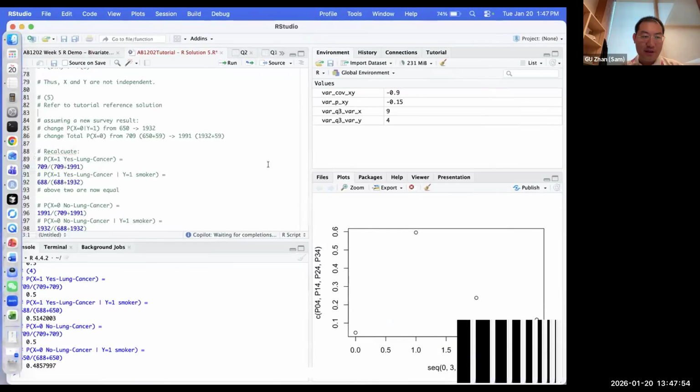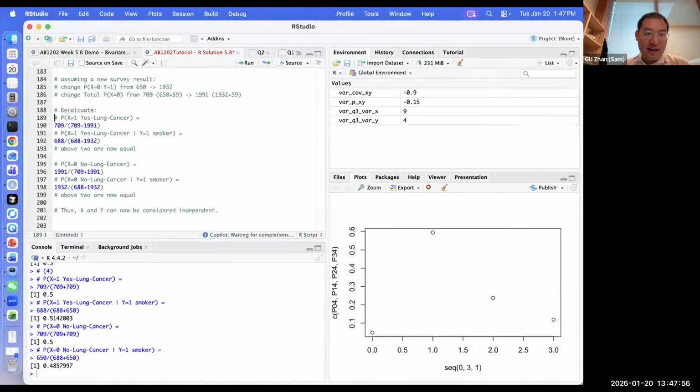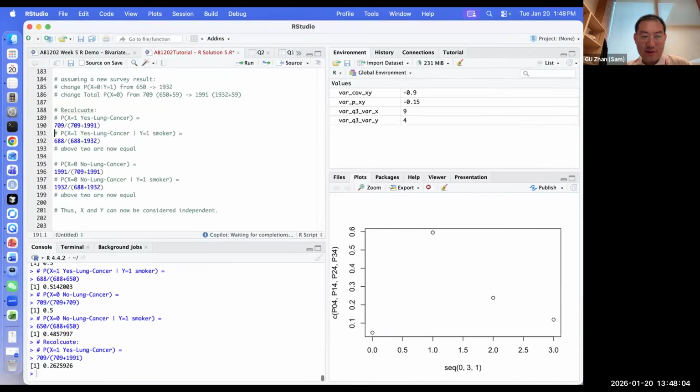You can try from here. Recalculate the probability of getting lung cancer, now changed. 709 divided by 709 plus 1991 is about 26%.